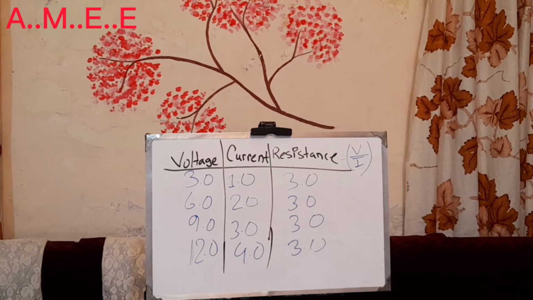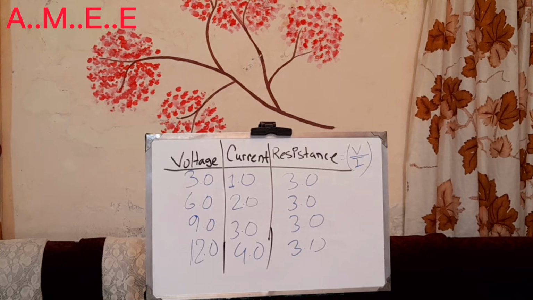The resistance across the nichrome wire keeps the same value, 3 ohm, for 3 volts, 6 volts, 9 volts and 12 volts. For this situation, the wire obeys Ohm's law, as the resistance is the same for different voltages and different currents.